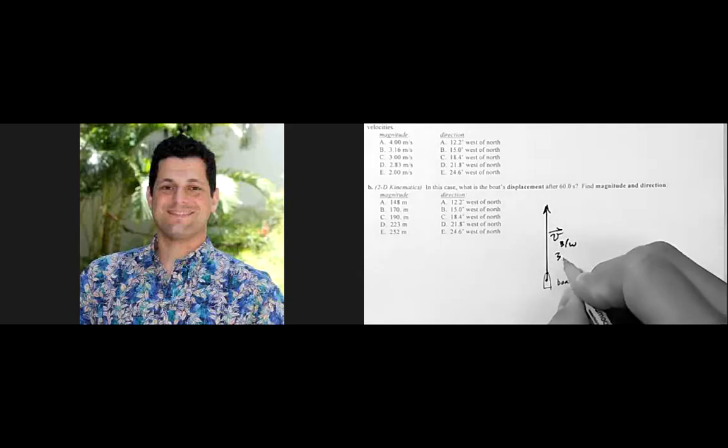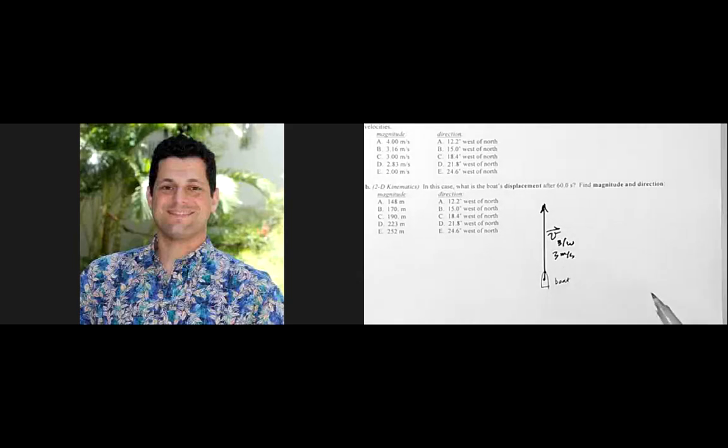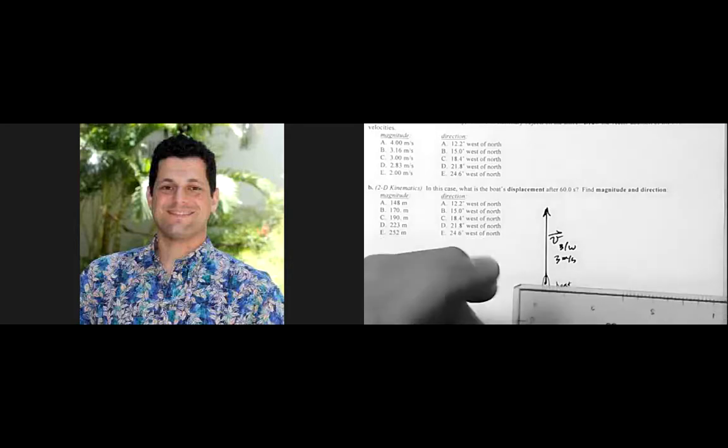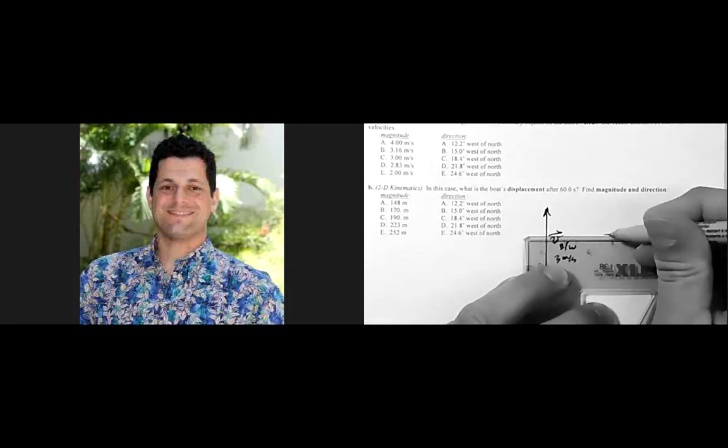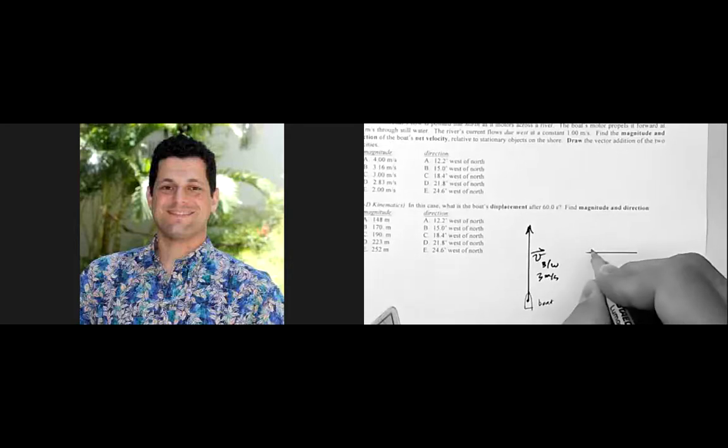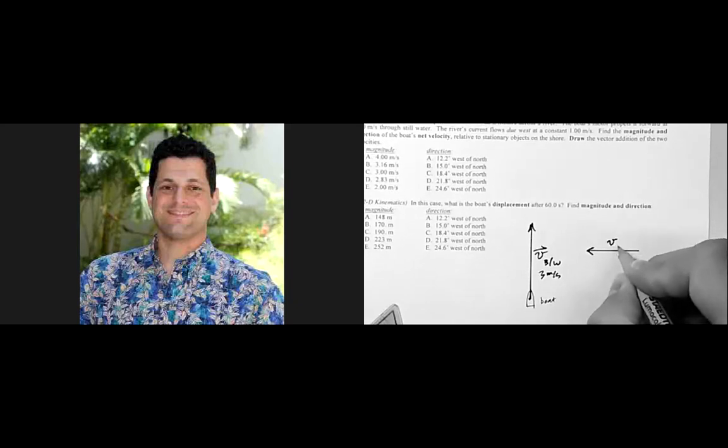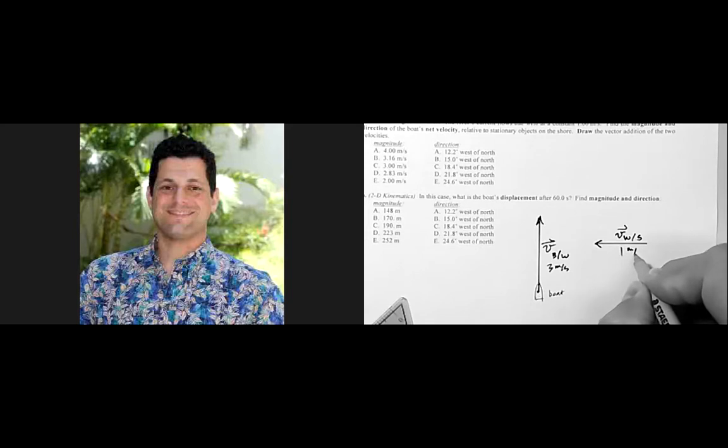And this would be 3 meters per second. Again, I'm just dropping the sig figs just for speed and clarity right here. Okay? Right. And then the river itself flows due west at 1 meter per second. So the velocity of the water with respect to the shore is 1 meter per second.